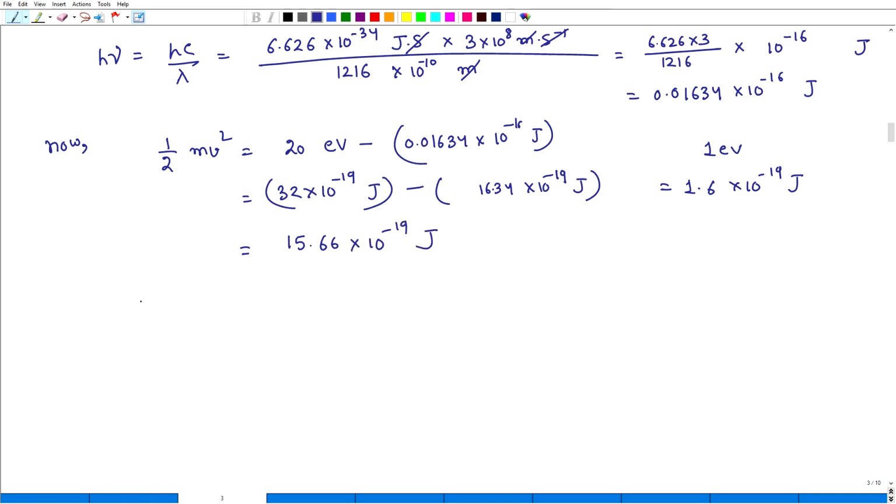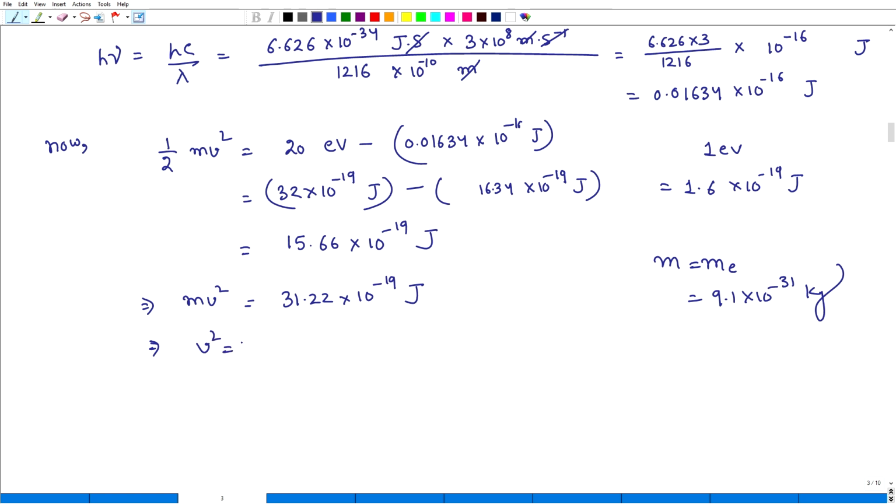This is half m v square. So now m v square will be multiplied by 2, so it is 31.32 into 10 to the power minus 19 joule. This is m v square, and m is the mass of the electron, 9.1 into 10 to the power minus 31 kg. So v square we just have to divide.